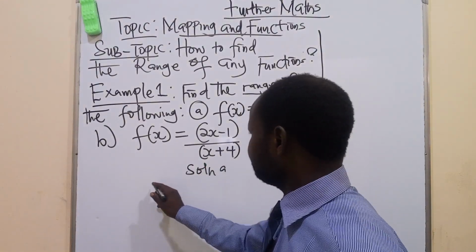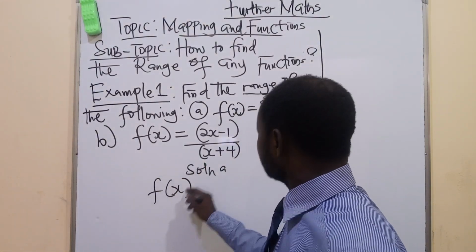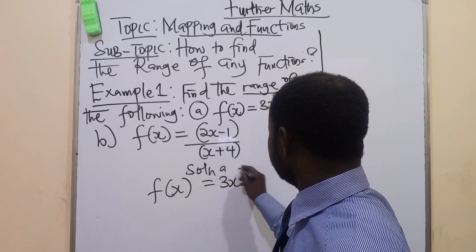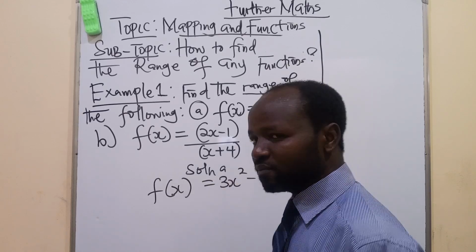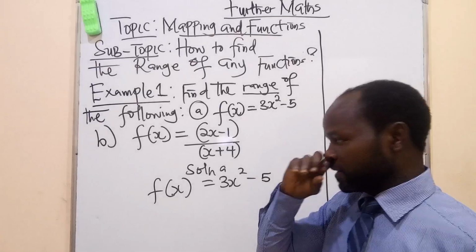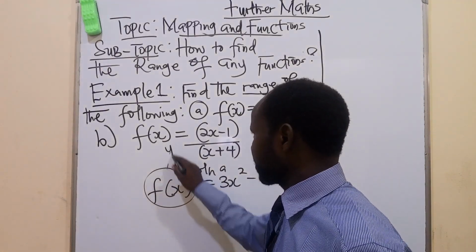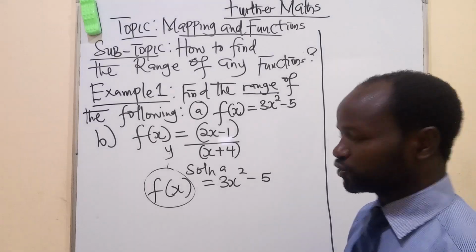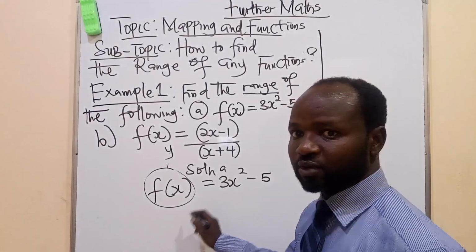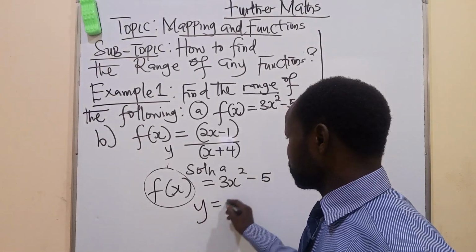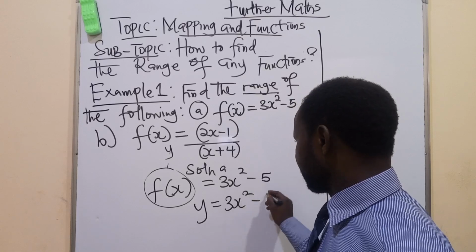Solution to A. We have f of x equals 3x squared minus 5. And we know that y is a function of x, so in place of f of x, we can replace y. We can write this as y equals 3x squared minus 5.